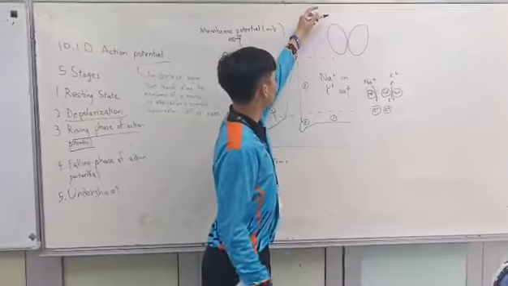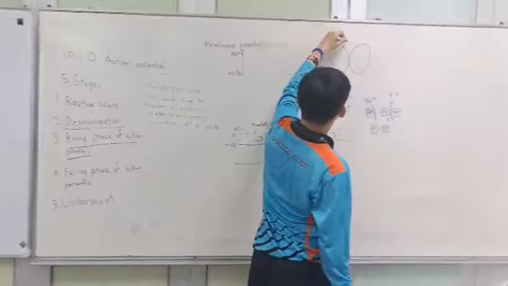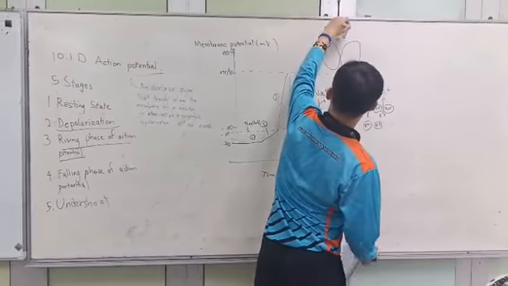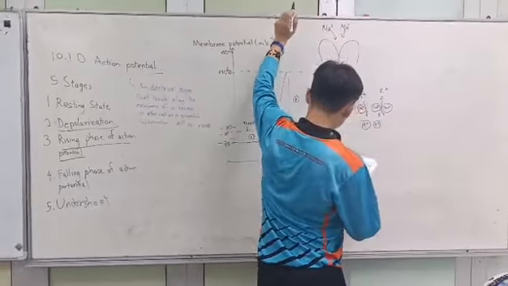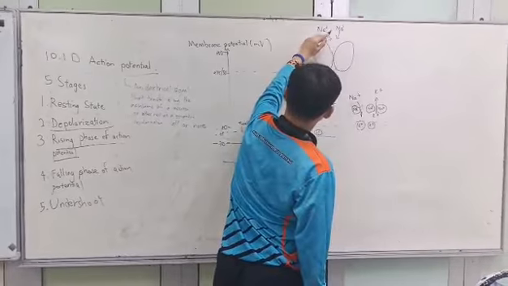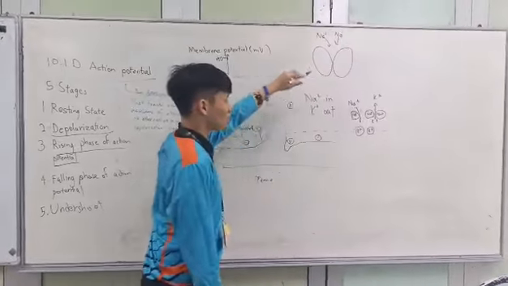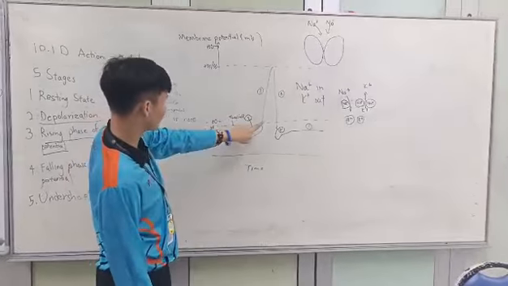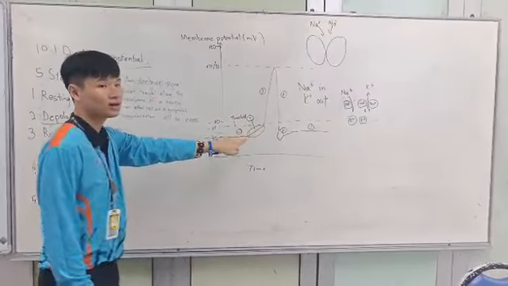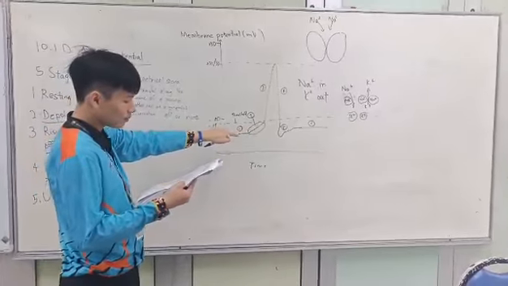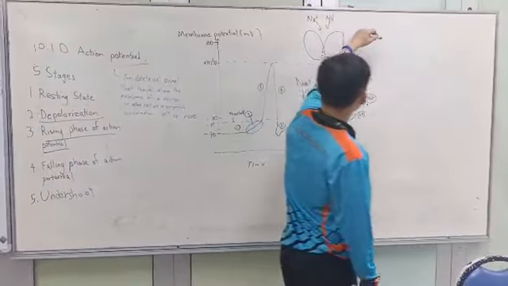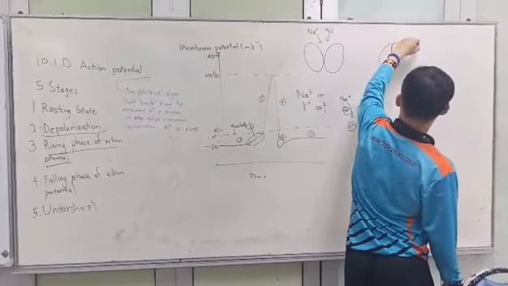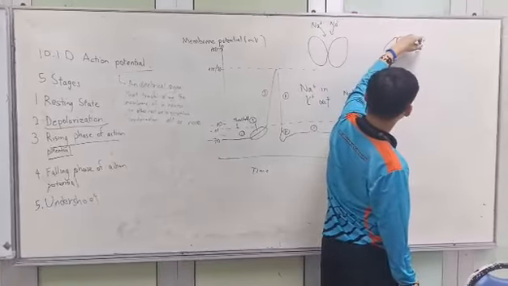When the sodium channel opens, Na+ sodium ions will diffuse into the axon, and because the ions diffuse in, depolarization will slightly occur. You see this will slightly increase a bit, the graph slightly steeper, but the voltage gated K+ channel will remain closed.